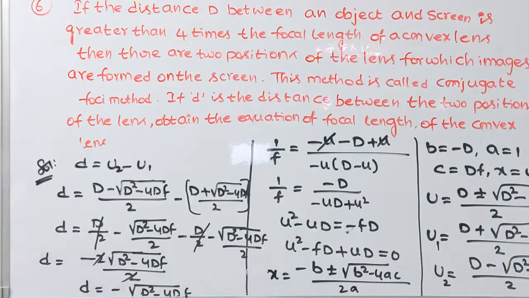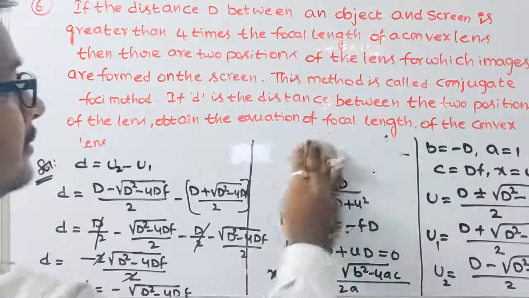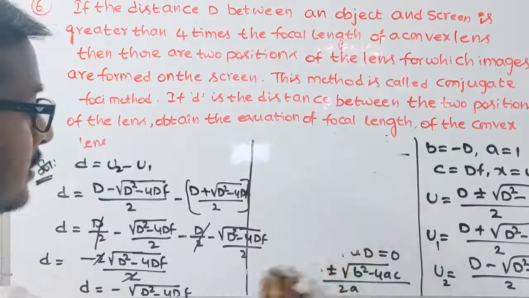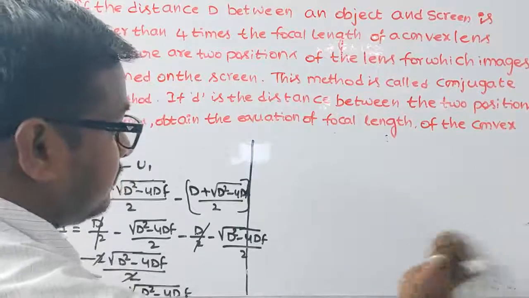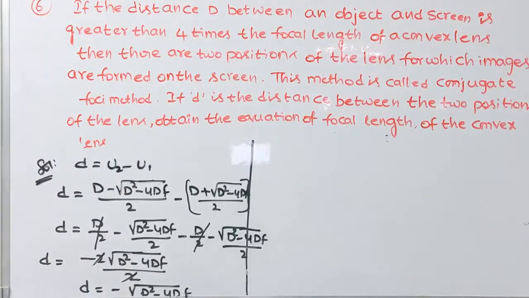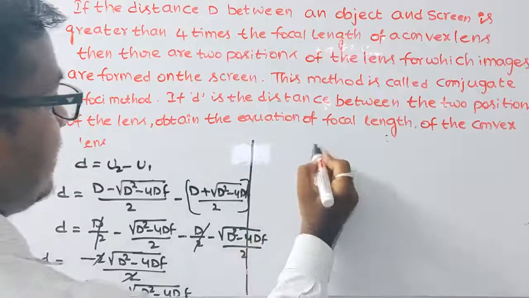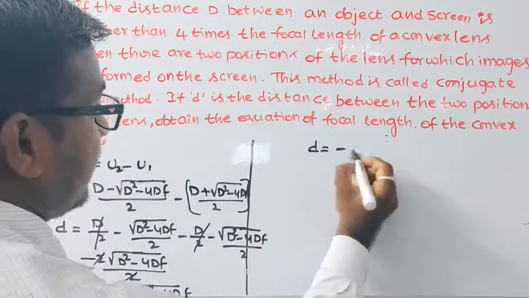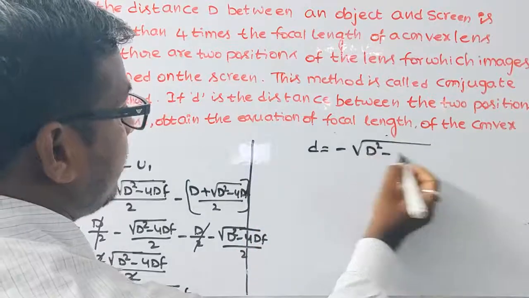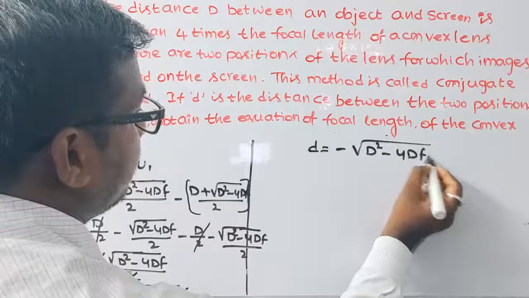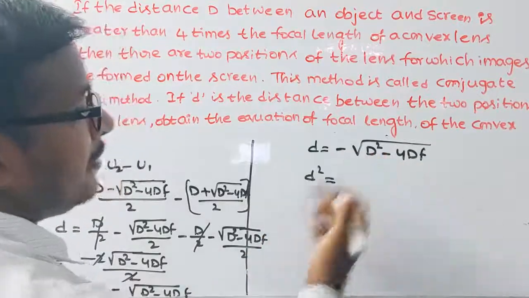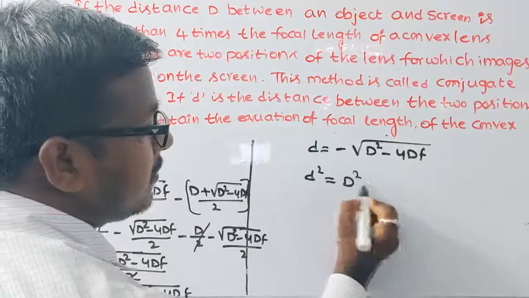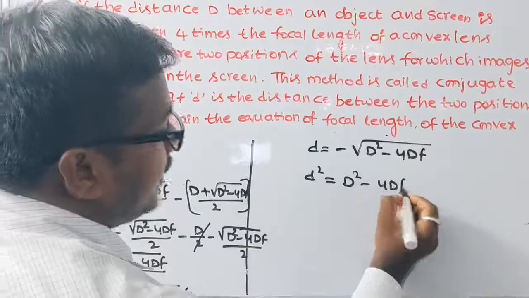Next, square on both sides. d square is equal to d square minus 4df.